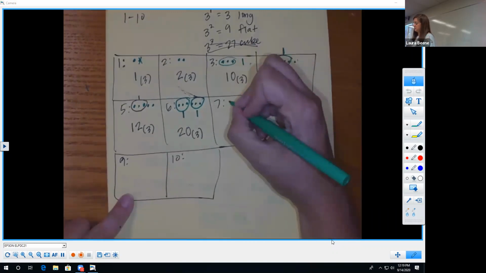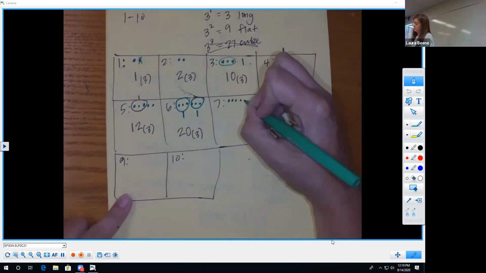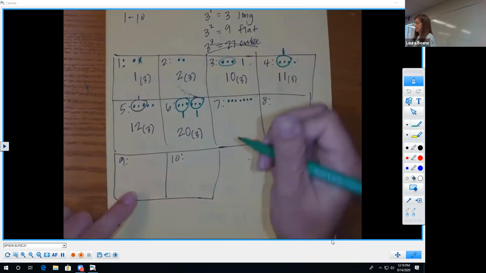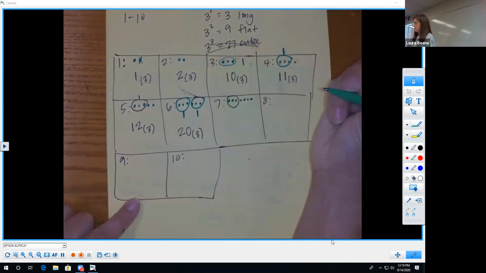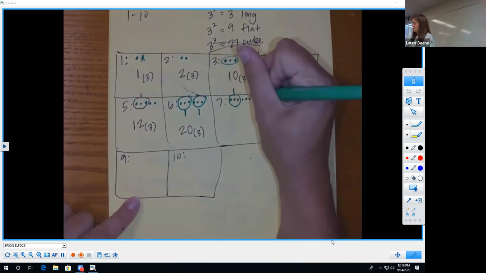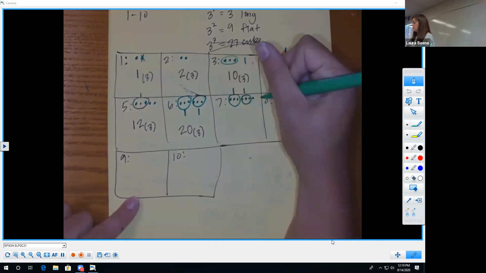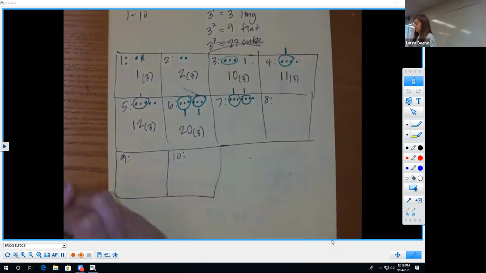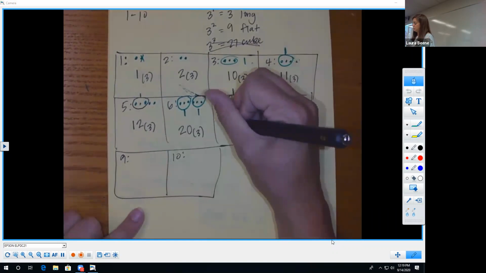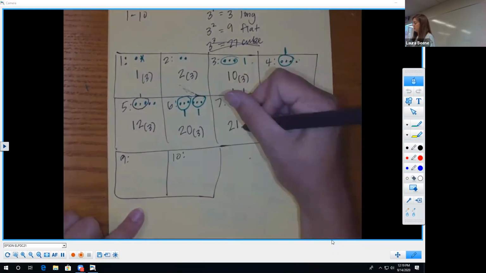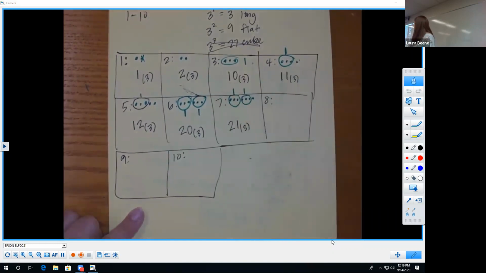For 7 units, I'm going to put 3 units together to make a long, another 3 units together to make a long, and then I have 1 unit left over. So that would be 2 longs and 1 unit in base 3.